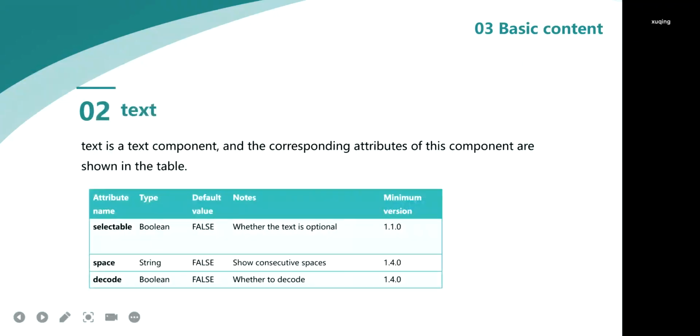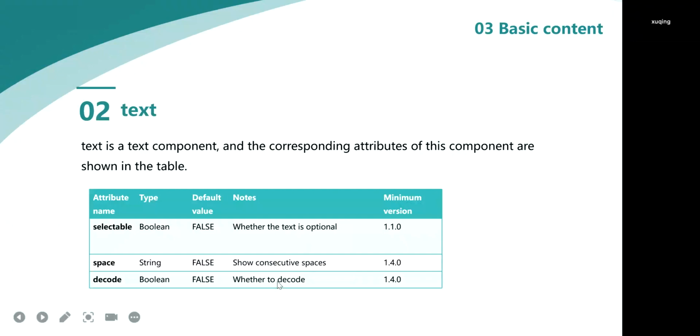Then we have our next component, and the corresponding attributes of this component are shown in this table. We have selectable, space, decode. Selectable means whether the text is selectable or not.